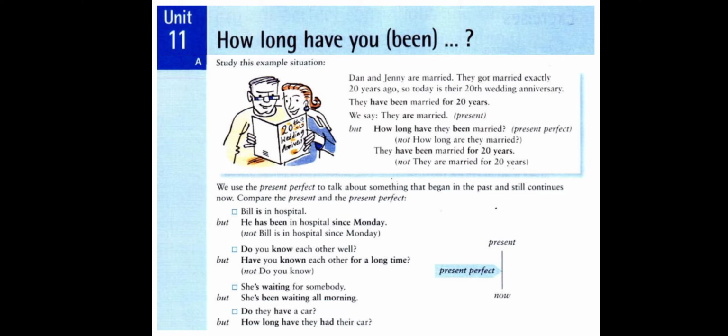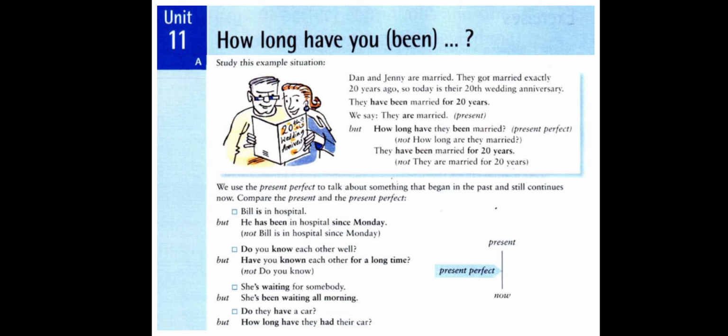Next example, do they have a car? Means now. Do they have a car now? The verb have here is a stative verb, a possession verb. A possession verb is written in the present simple. We don't use the verb in the present continuous.